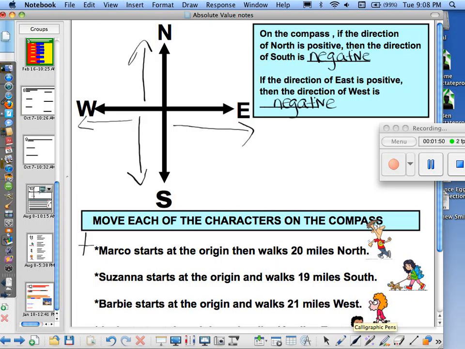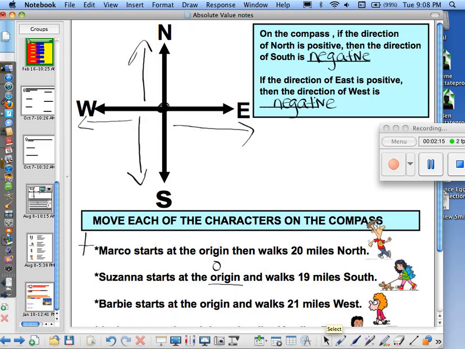So Susanna starts at the origin. Remember, the origin means right here in the center at 0. So origin means 0. And walks 19 miles south. So remember, south means down. So she's going to walk downwards in direction, so that would be a negative direction.